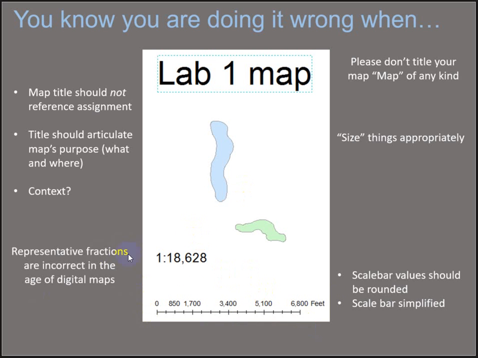Representative fractions, these are incorrect for digital maps. You're going to be displaying these on a website, and this doesn't have any meaning if you change the size of the actual print layout. So this makes sense if you're printing it at 8.5 by 11, and you can actually say 1 inch on the paper is equal to 18,628 inches on the ground.